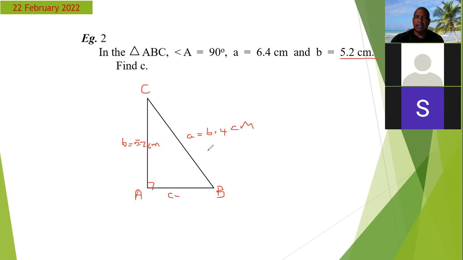Now, the thing is, we don't know what that common C value is. That's what they're asking us to find. So we can just put a question mark for C in terms of what C equals. All right, so that's your labeling, which is okay, no problem.